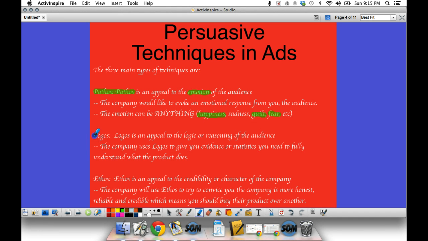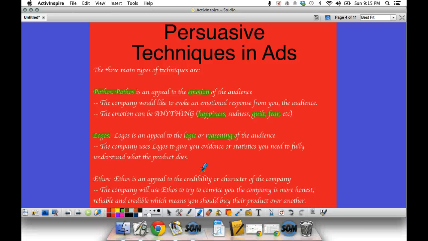All right, the next one here is logos. And it's not logo like a logo of a company. Logos is a term that means that it appeals to the logic or reasoning of the audience. So this one is the statistics, the facts, all those kinds of things. It uses hard evidence to get you to understand what the product does.